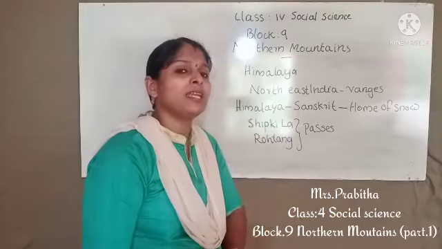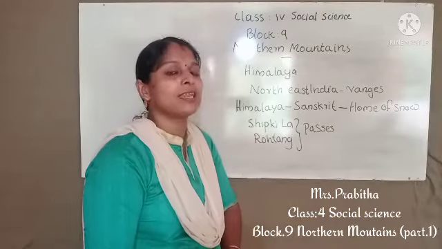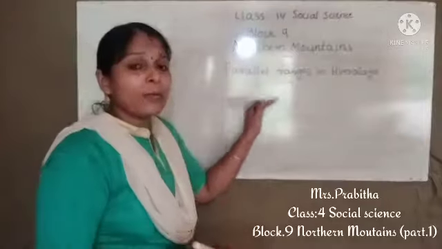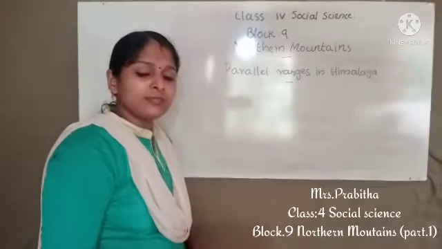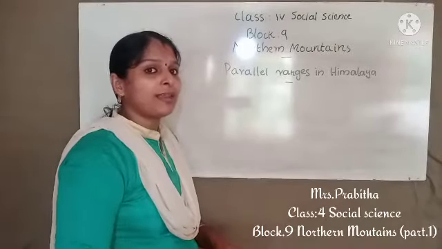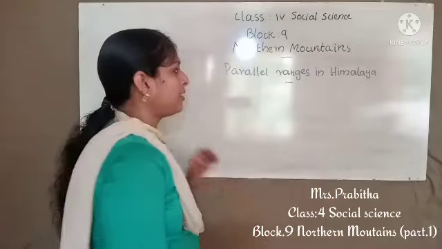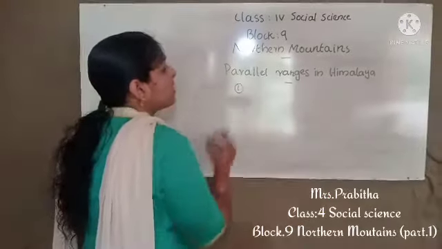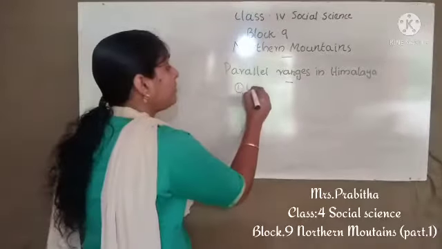Now we have to study about parallel ranges in Himalaya. Next topic is about parallel ranges in Himalaya. Which are the parallel ranges in Himalaya? There are three parallel ranges in Himalaya.